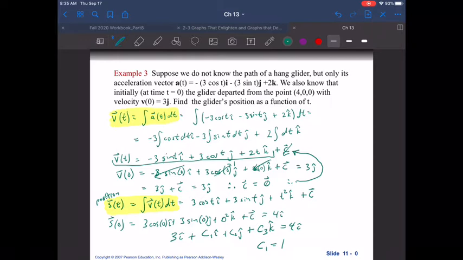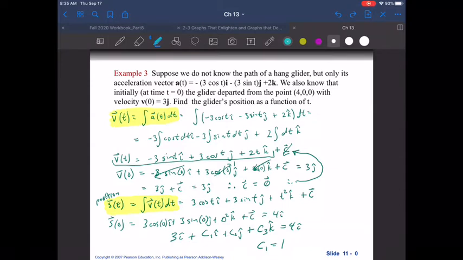But basically the integral of negative 3 sine t is 3 cosine t. And the integral of 3 cosine t is 3 sine t. And the integral of 2t is t squared. And then, of course, plus a constant vector. And so now we've got our position function almost totally done.